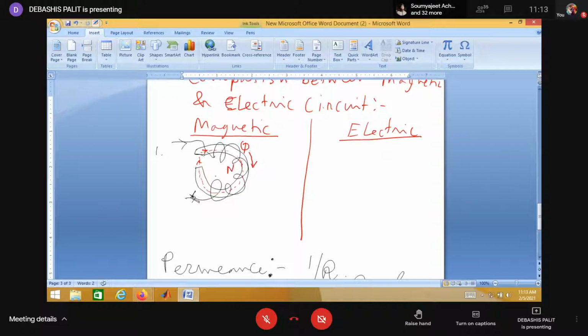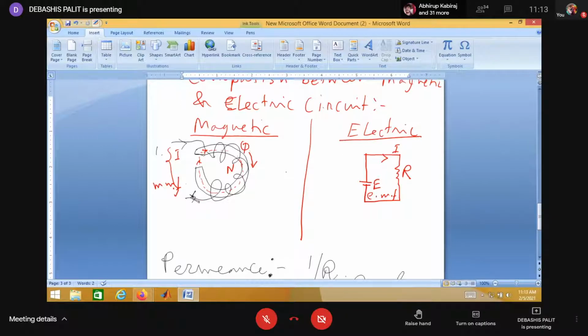N is the number of turns and I is the driving current. So always your flux should flow, and that requires the magnetic circuit for the flux to flow. Similarly, in an electric circuit, that requires a conductive path so that current can flow. So MMF drives the flux through the path and EMF drives the current through the conductive circuit.